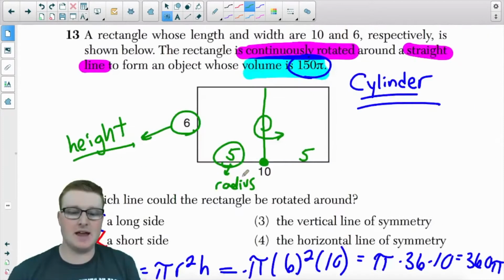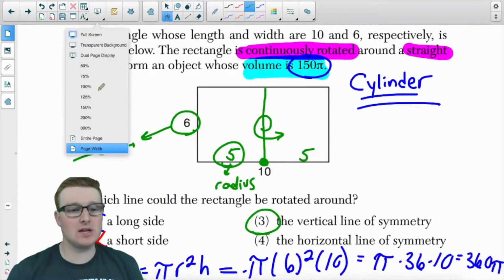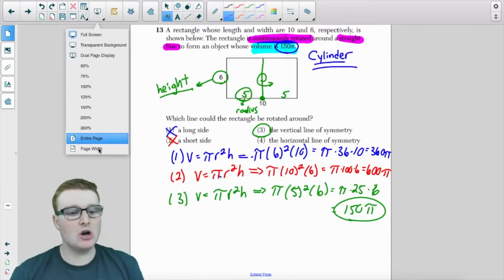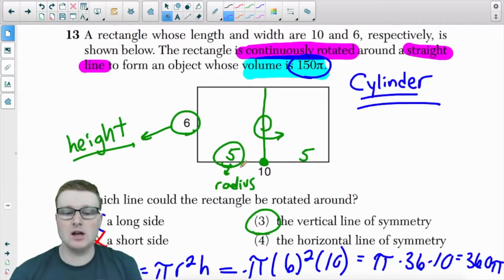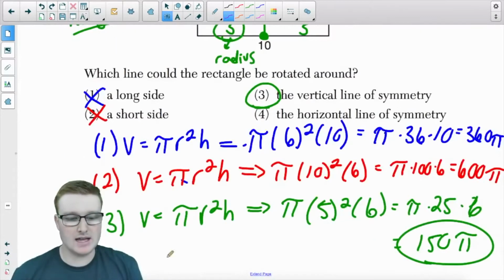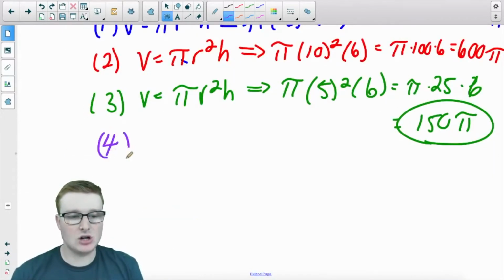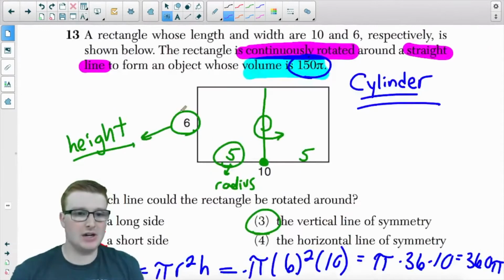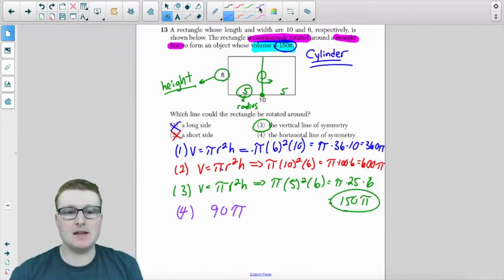And ladies and gentlemen, that is your answer. The vertical line of symmetry would be correct. And if you just wanted to know, the calculation for choice 4 would result in an answer of 90 pi, so that can't work either. All right, so your answer is choice 3. In my opinion, that was a pretty challenging multiple choice question.